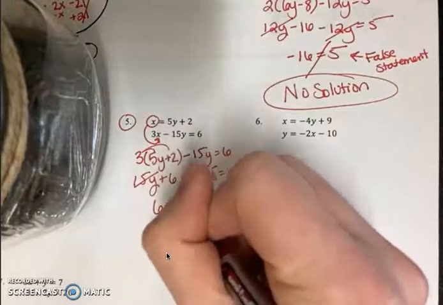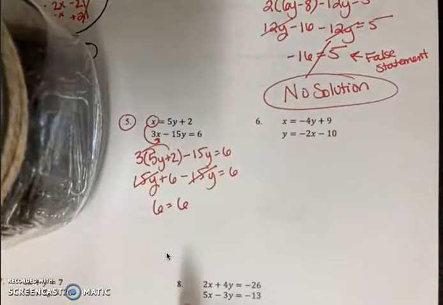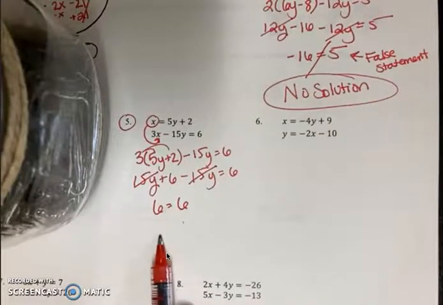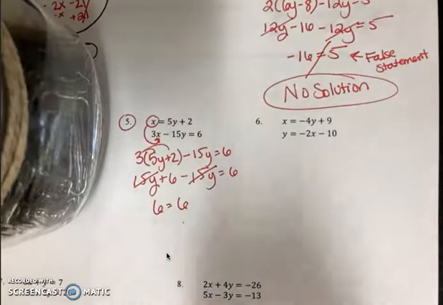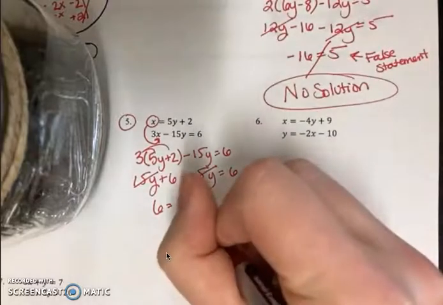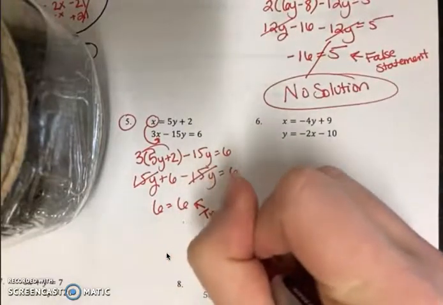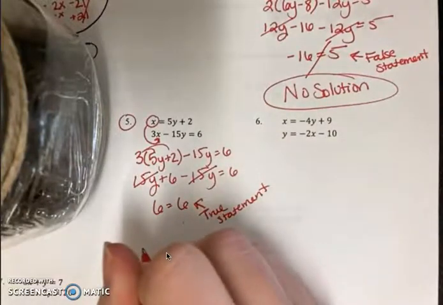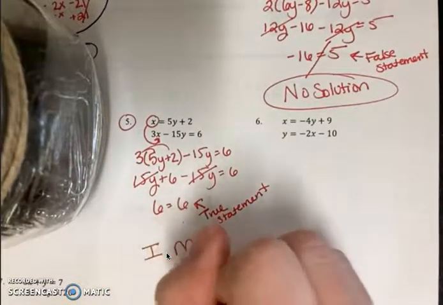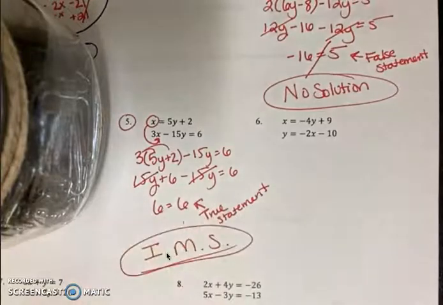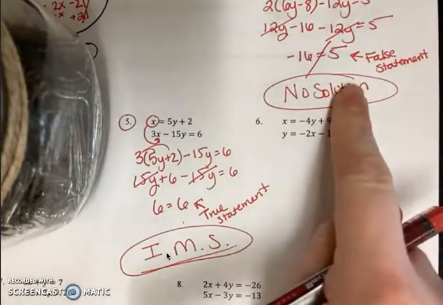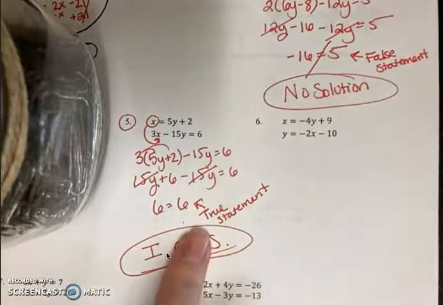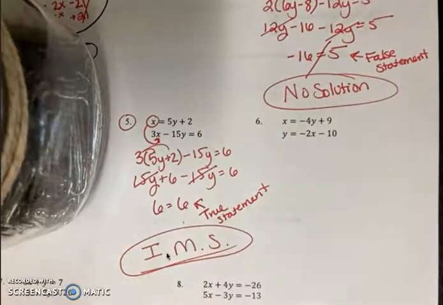I have 6 equals 6. Now this time, you can see that I have a true statement. So this does work. 6 does equal 6. So when that happens, we're going to say there's infinitely many solutions. So false statement, there's no solution, and then true statement is infinitely many solutions.